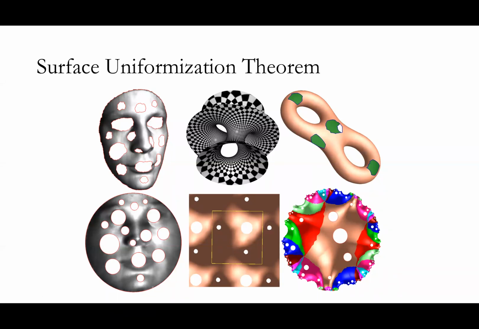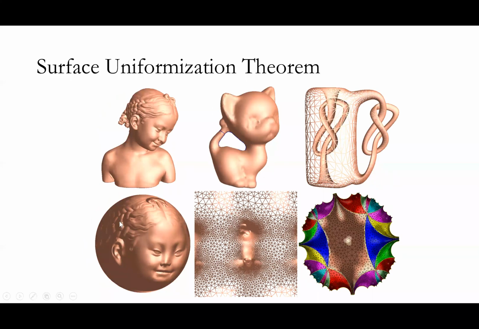Here we show surfaces with boundaries. A genus zero surface is mapped to the sphere, and each boundary is mapped to a circle on the sphere. This is the Costa minimal surface, a genus one surface with three boundaries. It can be periodically mapped to the Euclidean space, and each boundary is mapped to a Euclidean circle. This is a genus 2 surface. It can be periodically mapped to the hyperbolic space, and each boundary is mapped to a hyperbolic circle. So this picture and the earlier picture actually cover all possible shapes in real life. All the compact, metric, oriented shapes in real life can eventually be unified to a sphere, a Euclidean plane, or a hyperbolic disk with spherical holes.